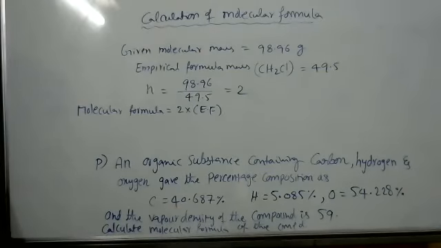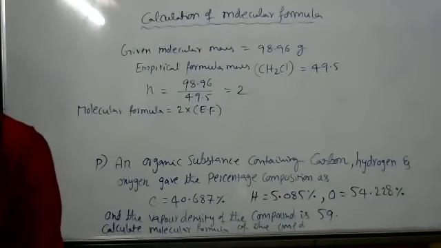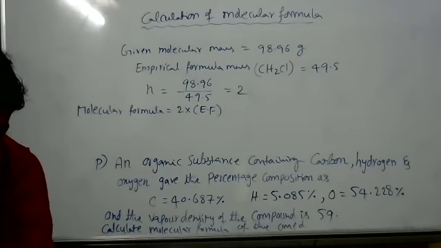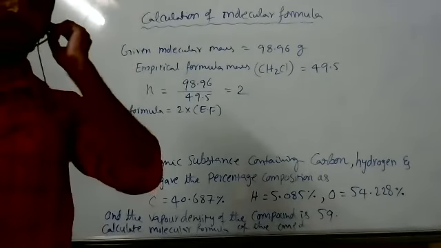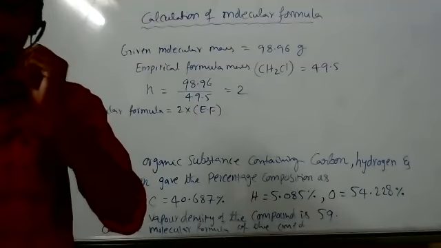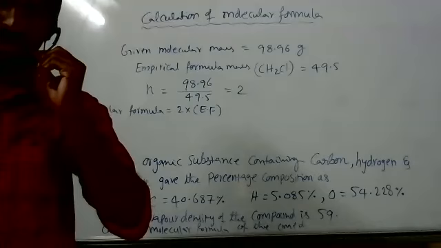What is the empirical formula? C2H3O2. Very good. The empirical formula is C2H3O2. Now calculate the n value. Akshaya, did you calculate the empirical formula? No, sir, I'm doing it. Okay, carry on.